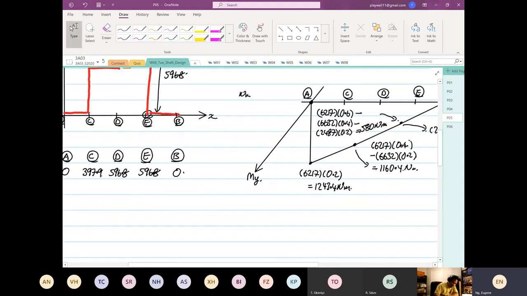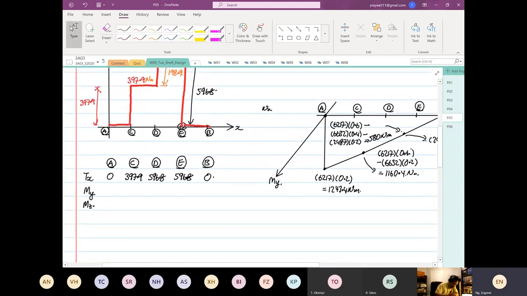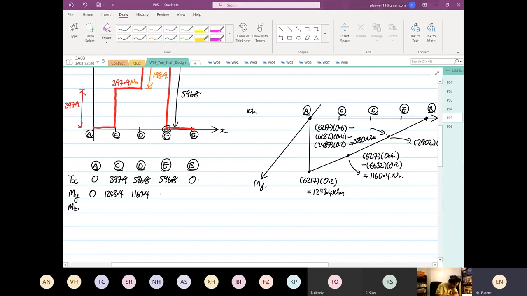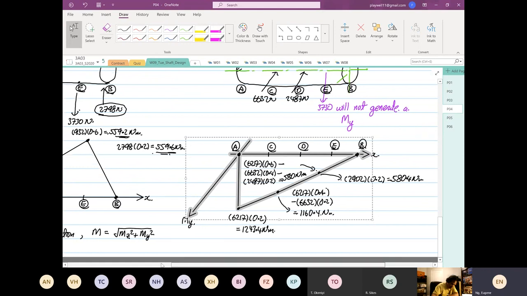At point A, moment in Y is equal to 0. Moment at C is 1243.4. At point D is 1160.4. At point E is 580, and then 0 again. And then you take moment about Z. So we're going to look at moment about Z.